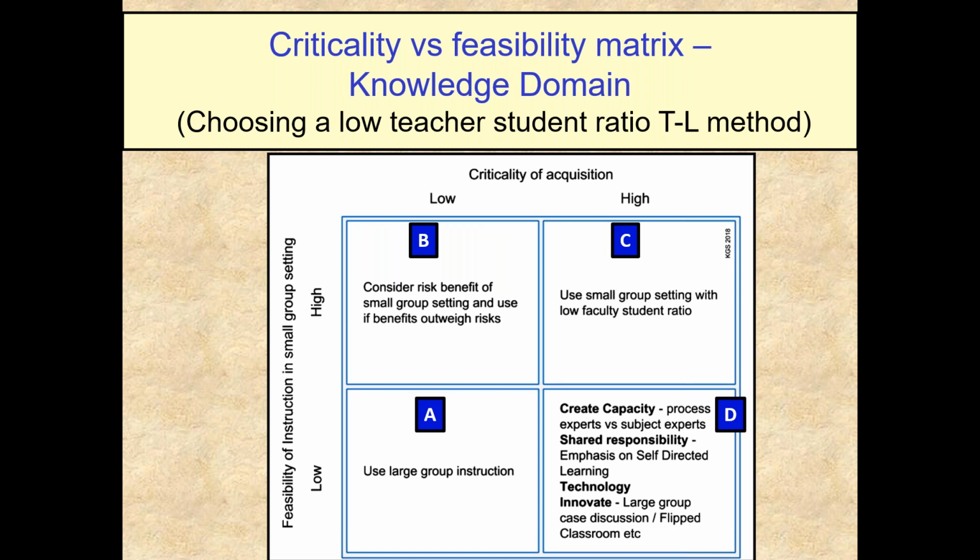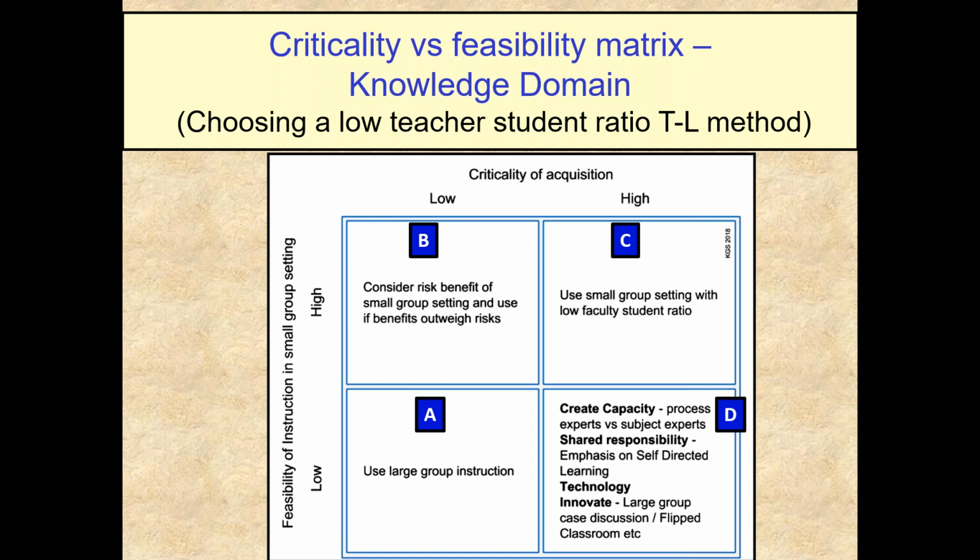The first box shows that there are certain competencies or SLOs which we have designed that come under low criticality, non-core. It is not very important, not a must know. At the same time, it is not feasible in your settings. So what you do is give a large group instruction and finish it off.